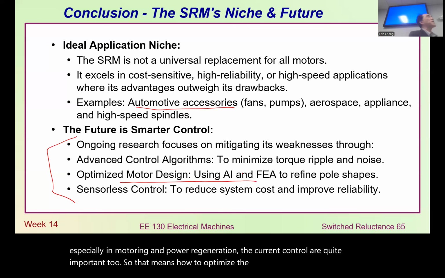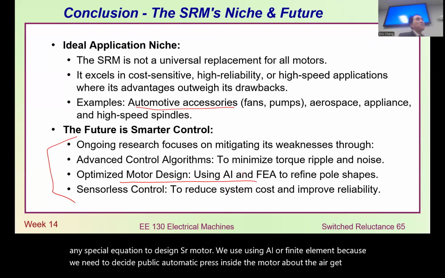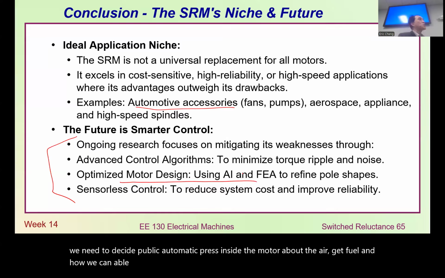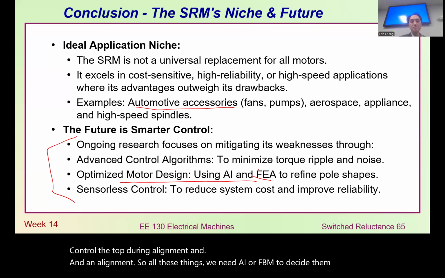Today we don't have any special equation to design an SR motor. We usually use AI or finite element, because we need to decide properly about the magnetic flux inside the motor, the air gap field, and how we are able to control the torque in alignment and unalignment. So all these things we need AI or FEM to design properly.